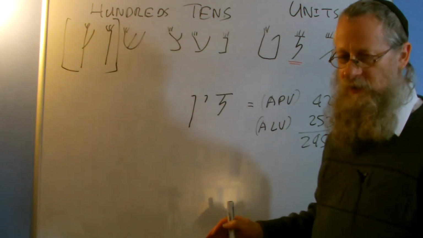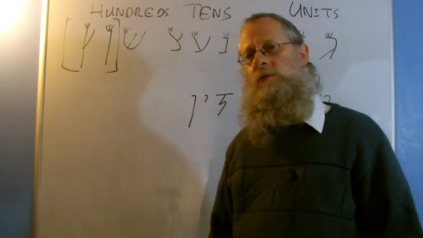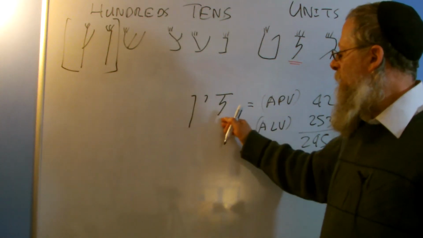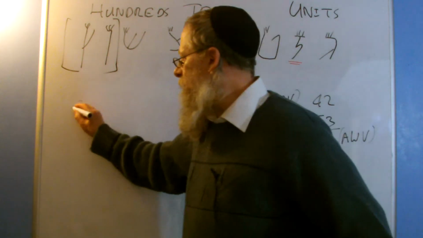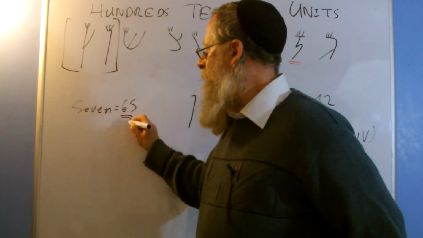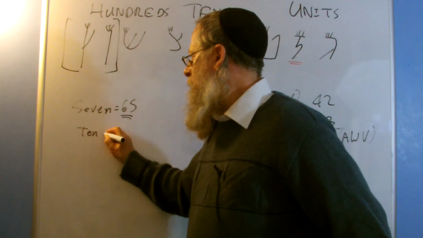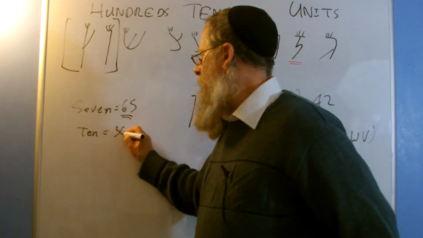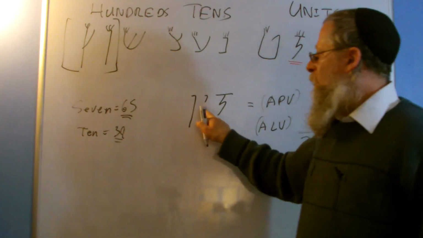That was what I'll call the alternative whole value, when I add the large value and the placement value. And if you're lost with these different forms, you should really watch the first 7 lectures to get the idea. Zayin is the 7th letter, and the word 7 equals, as we had before, 65, and that's the large value of Zayin. Yud is 10, and 10 equals 39, the large value of Yud.